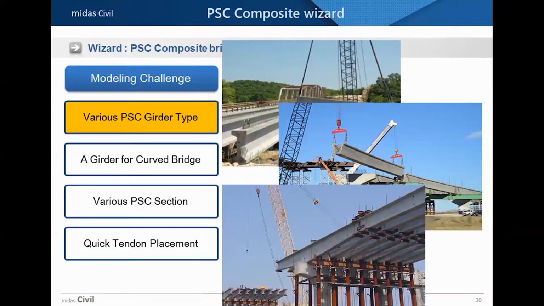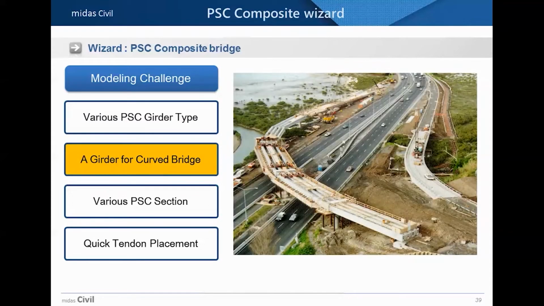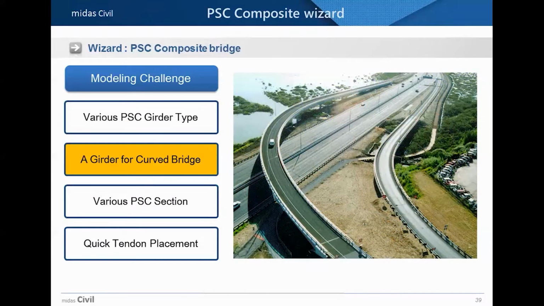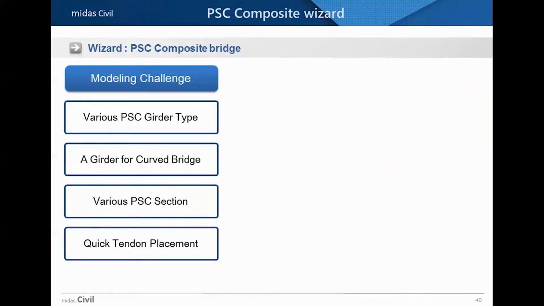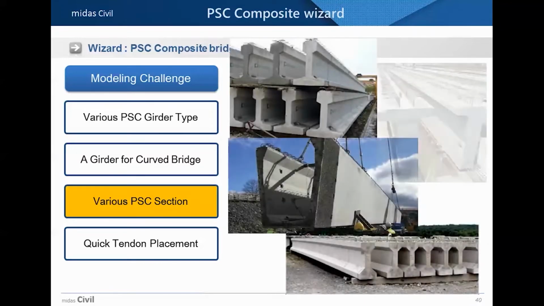So we need to consider the type of girders. The second challenge is the girder for curved or skewed bridges. If we have curved or skewed bridges, we need to calculate the influence and make this model. And the third thing is various PSC sections.